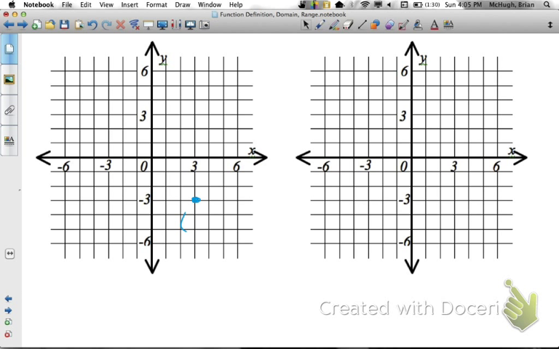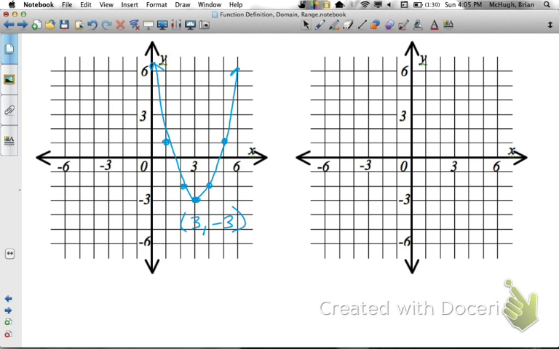This is the point 3, negative 3, and we'll plot a few points here next to it. Here's a point up here, here's another point up here, and we're going to draw, this is starting to look like maybe a graph you recognize from last unit on parabolas, and here's something that looks parabolic.